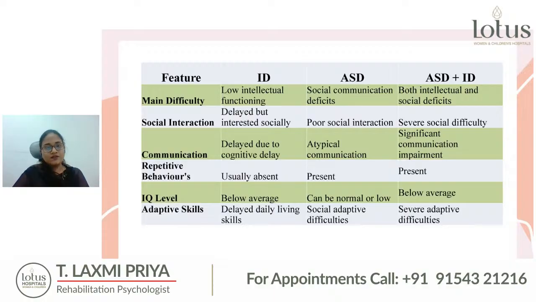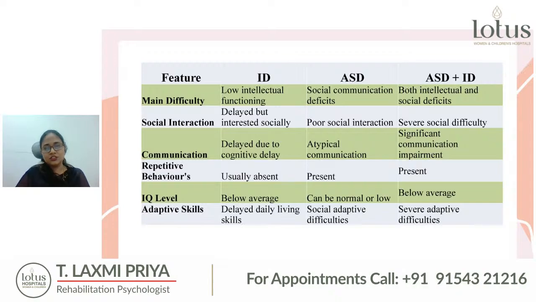The IQ level of ID will be below average, which means less than 70; less than 69 is considered ID. If you come to the borderline, 84 and below. Sometimes children with ASD have normal IQ, but they have socialization difficulties.